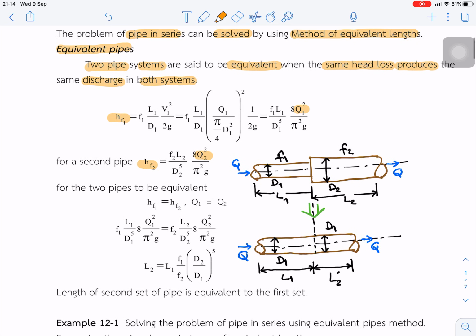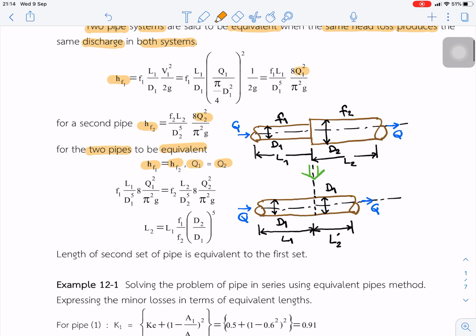Based on this definition, two pipes are equivalent when the head loss is equal and Q is equal, so we can make an equation equating the two head losses.